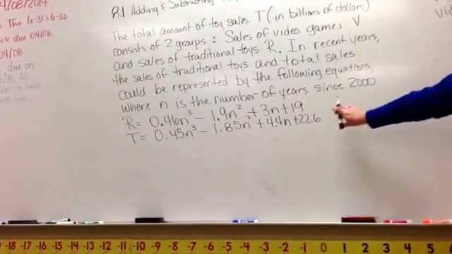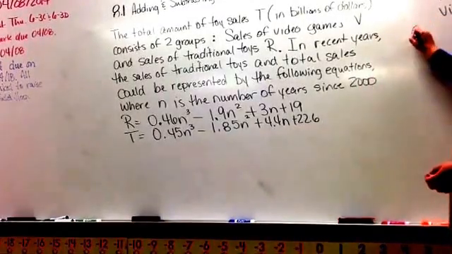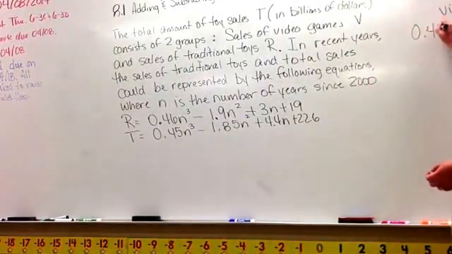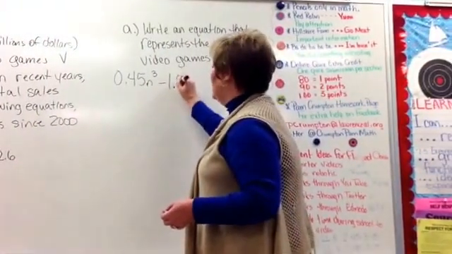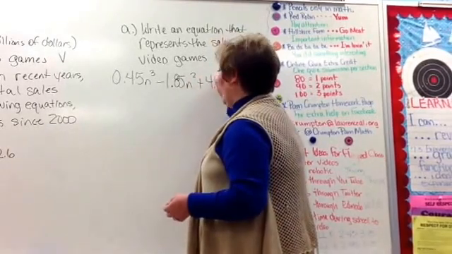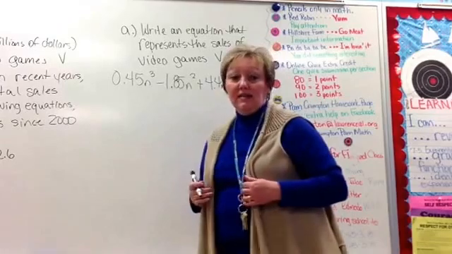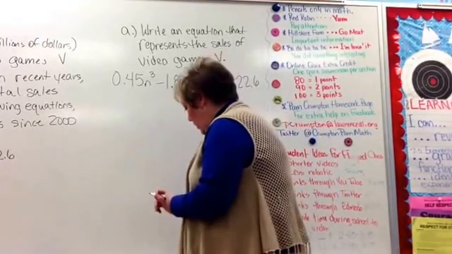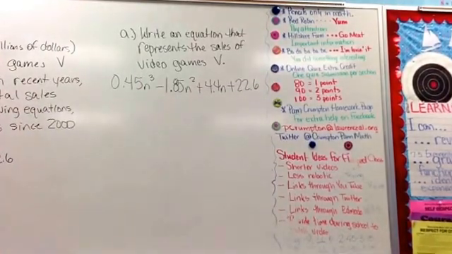So I'm going to take my total sales, T, and write that up here. 0.45 n to the third minus 1.85 n to the second plus 4.4 n plus 22.6. Now since we're subtracting, we're going to go back to this equation over here for just a second.